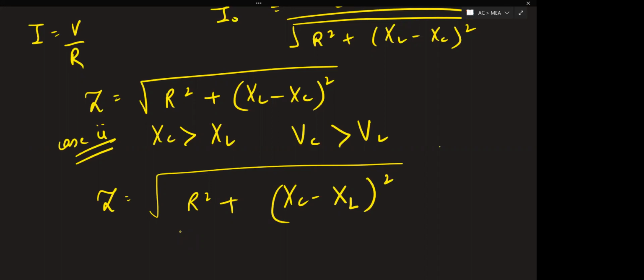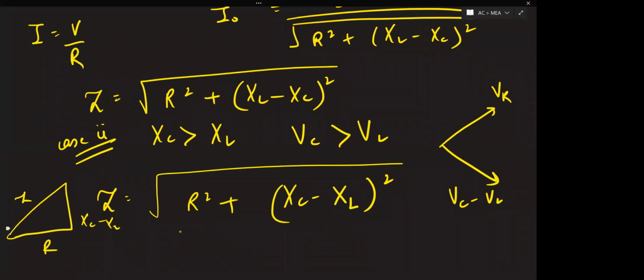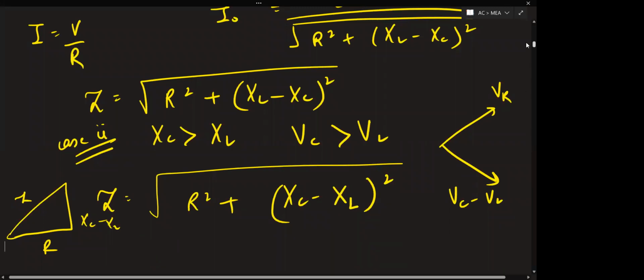Here what will happen? VR will be here, but the resultant of both these will be here, VC minus VL, in the above part, above it will go. In the impedance triangle also, this will be Z, this will be XC minus XL, this will be here. Like this you have to consider. This right angle triangle is called the impedance triangle. And what actually is Z?